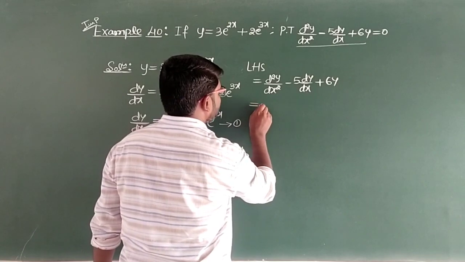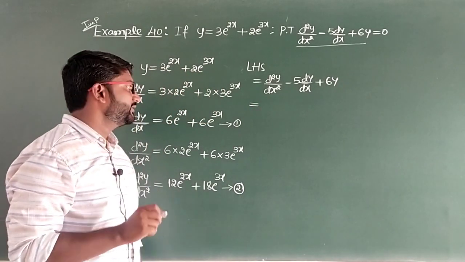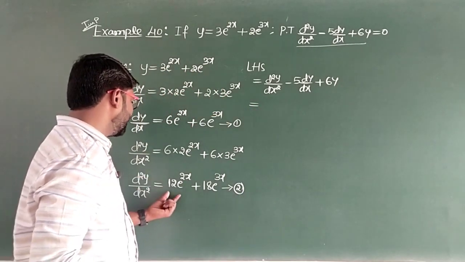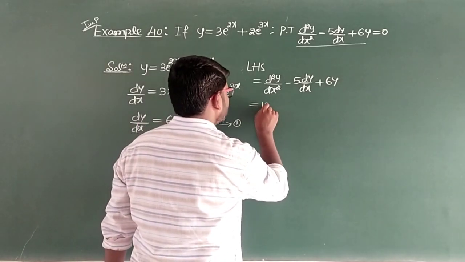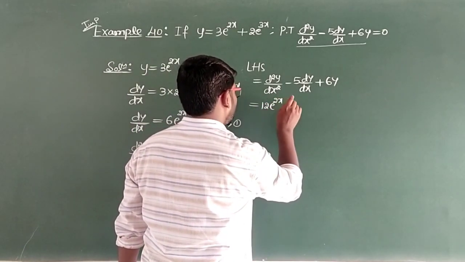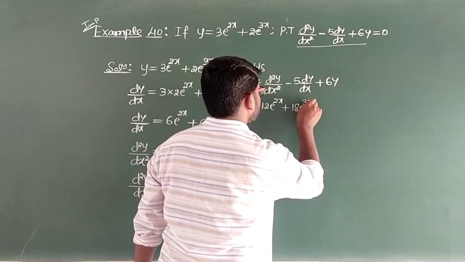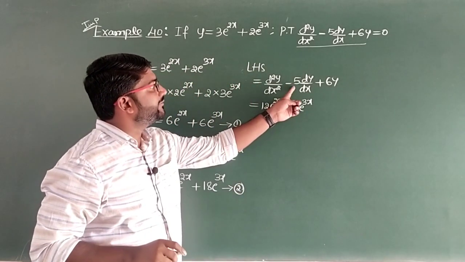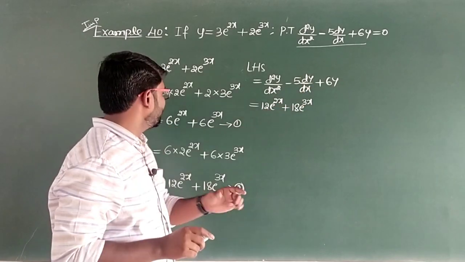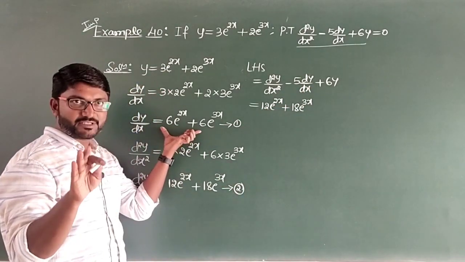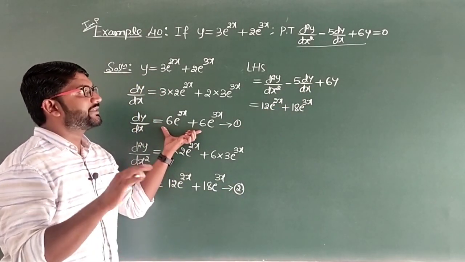So after solving this, at the end we should get the answer as 0. So now write d square y by dx square now. 12 e to the power 2x plus 18 e to the power 3x. Now minus 5 into dy by dx. For dy by dx, that means equation 1. For equation 1, we will have to multiply by minus 5.